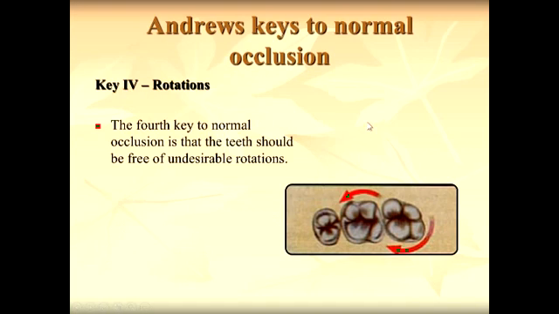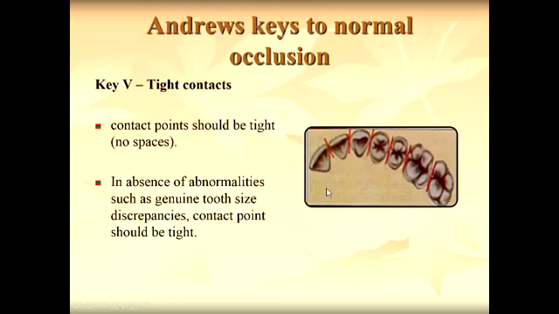Key number 4 of Andrews. Dr. Andrews says the fourth key to normal occlusion is that the teeth should be free of undesirable rotation. There must be no rotation that deviates from the normal. Key number 5, tight contact.